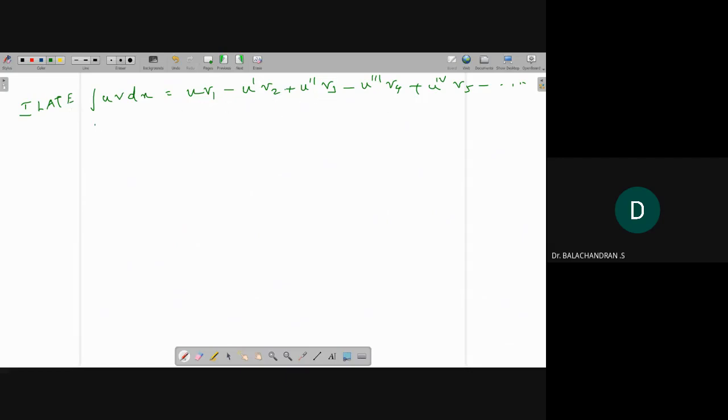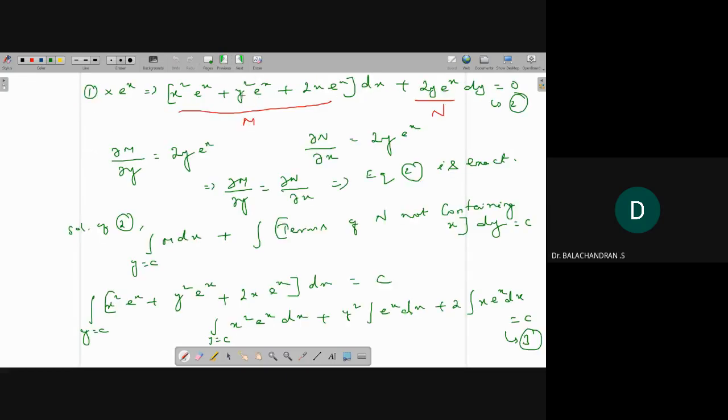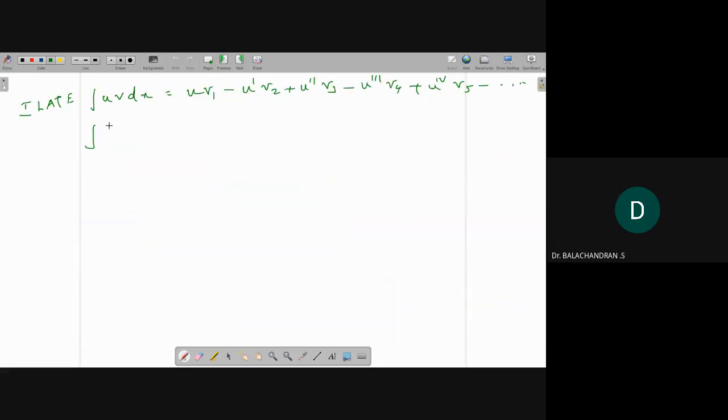Here the first function is what? x square into e power x dx. So here x square equals u and v equals e power x. Keep x square as it is, that is u, and this is v.